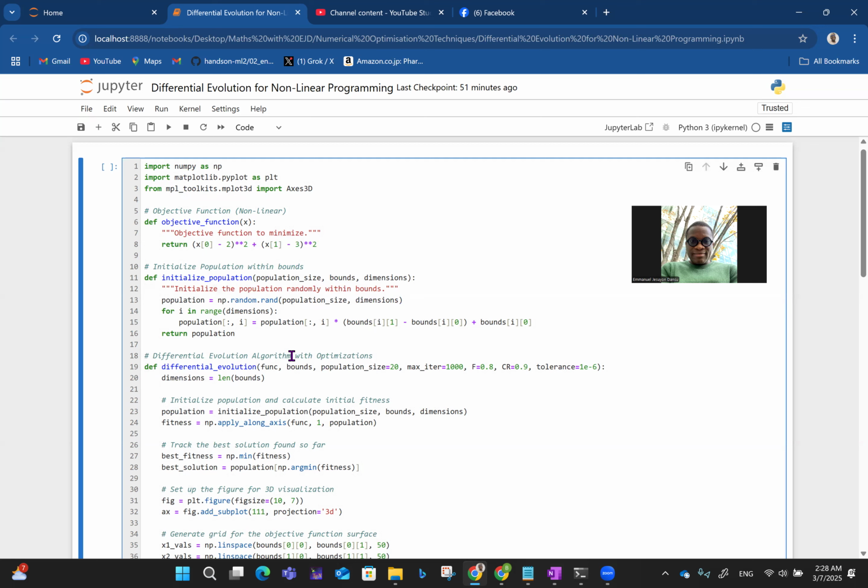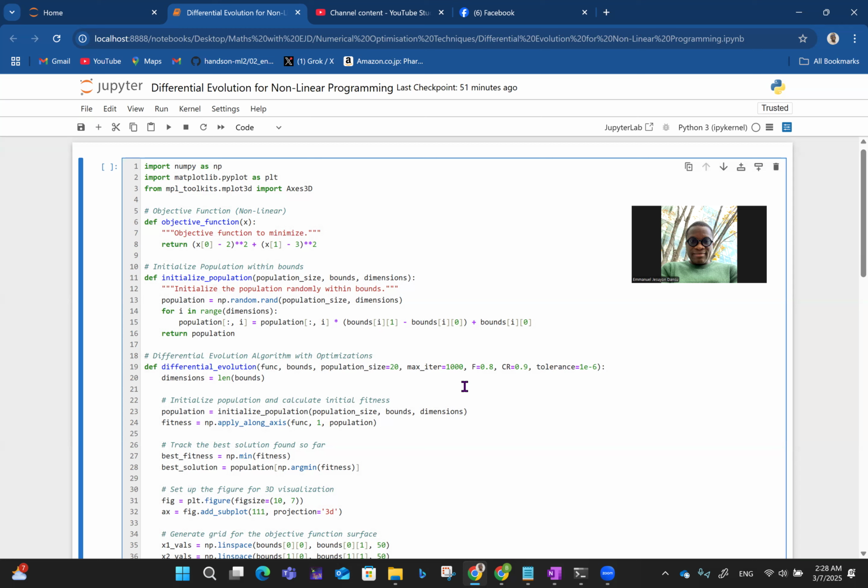So for the differential evolution, we have the function already defined. We have the bounds, which have been defined also. Population size, we are taking 20 here. In what we did manually the other time, we took 4. But evaluating 4 alone is a lot of trouble. With coding, we can easily do a larger population size.